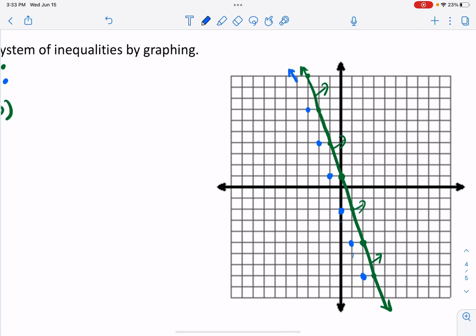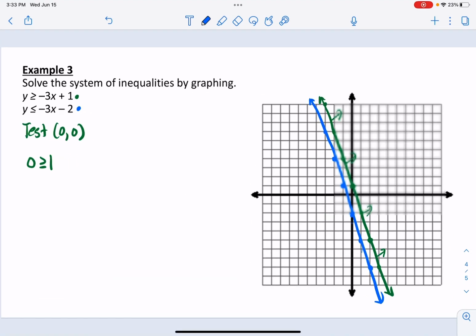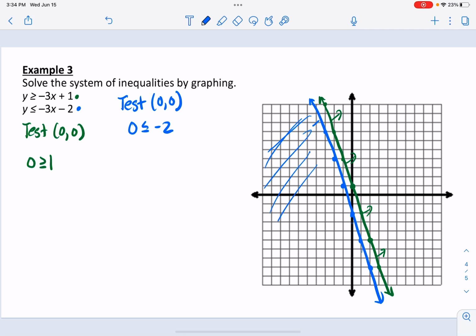So again, we test 0, 0. So 0 less than or equal to -2. That is definitely not true because 0 is greater than it. So I would shade this way. So I'm shading this way for my blue.